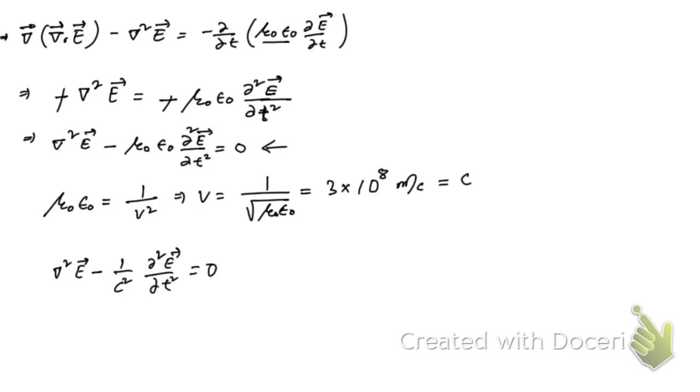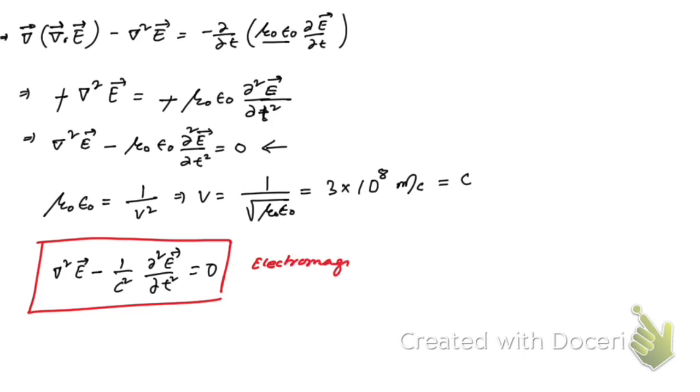So this is what we're going to have, right? So this is the electromagnetic wave equation in free space. So this is for electric field.